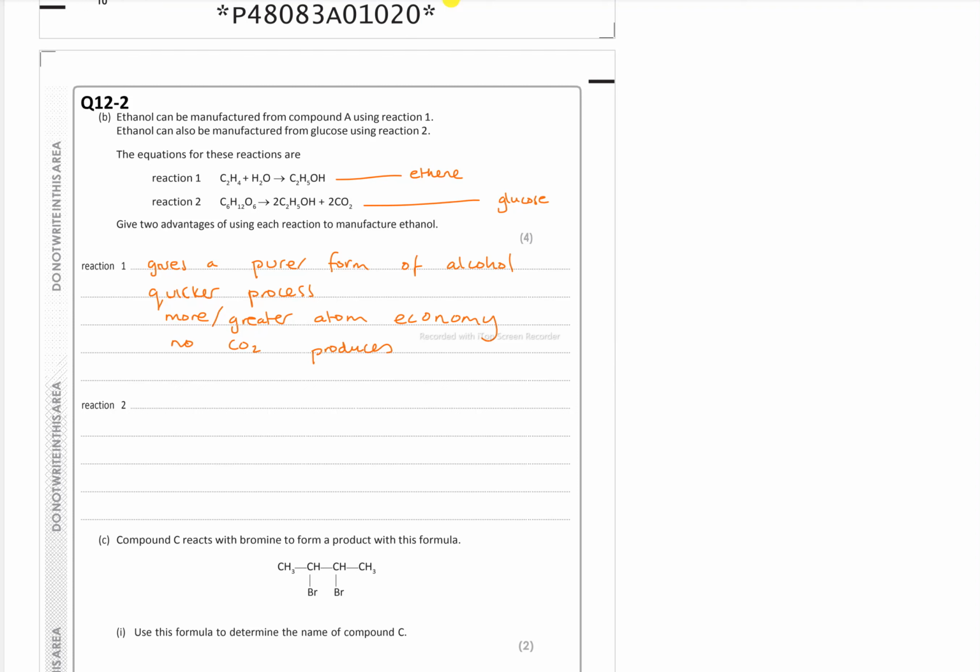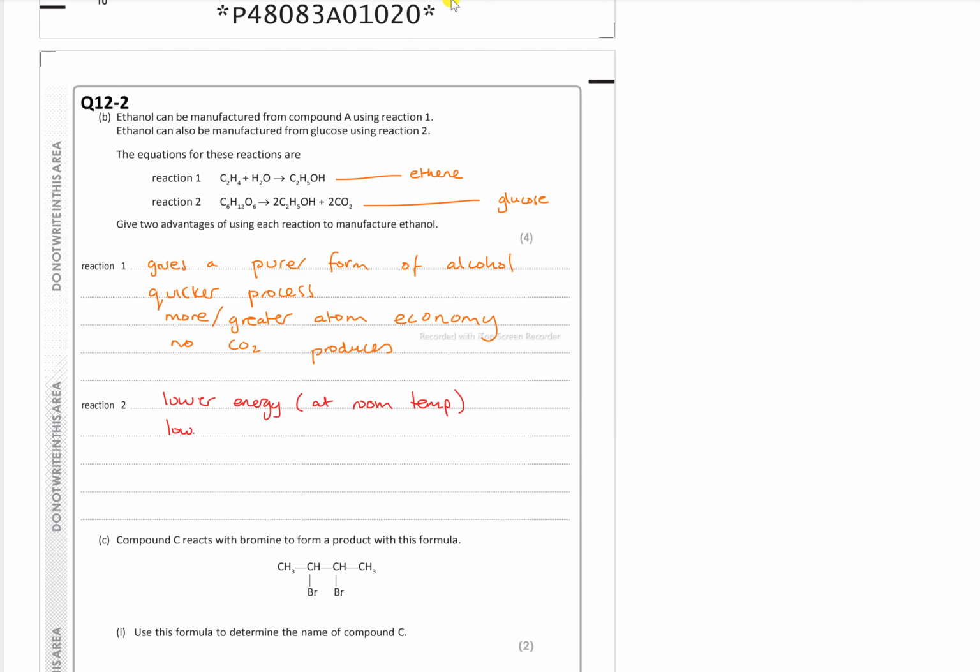Right, with this one, it uses lower energy because it is at room temperature, so you don't need energy.